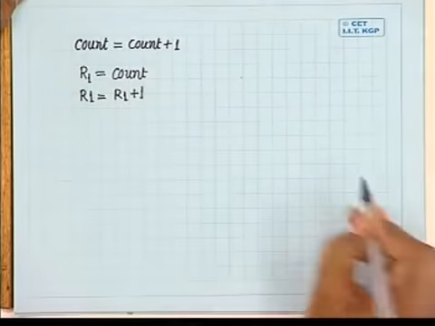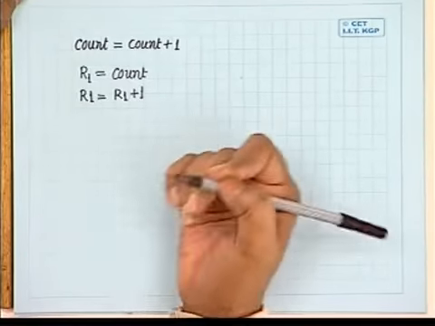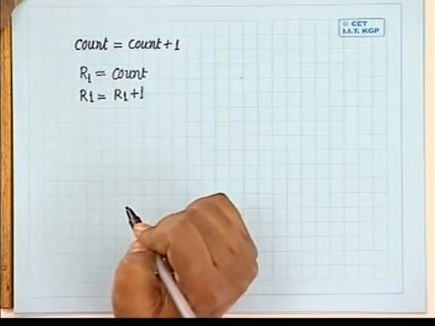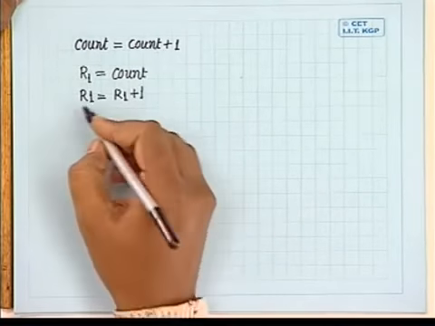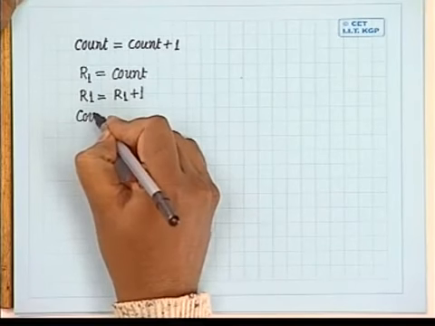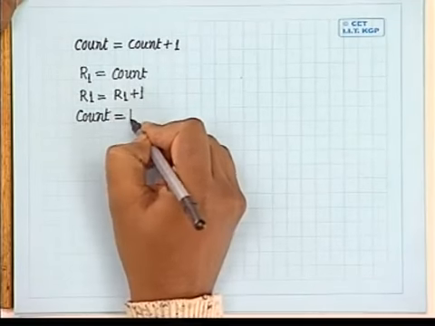Okay. Following this operation, the value in R1 which is now incremented by 1 will be written back into the memory location assigned to variable count. So the last assembly statement which has to be executed is count = R1.